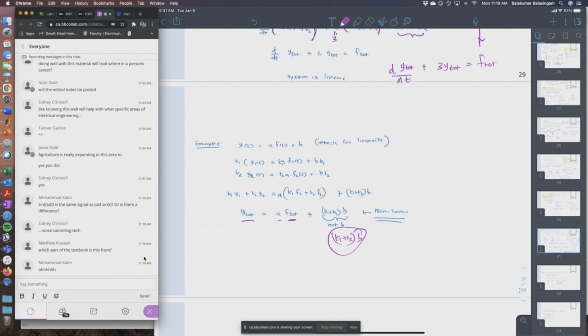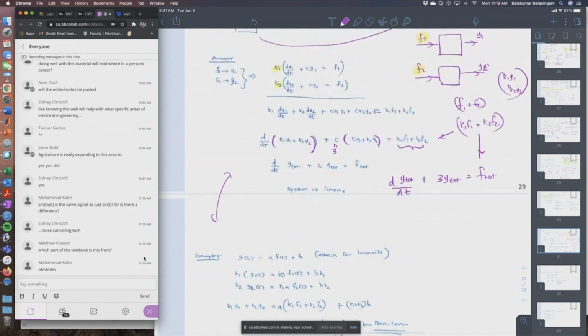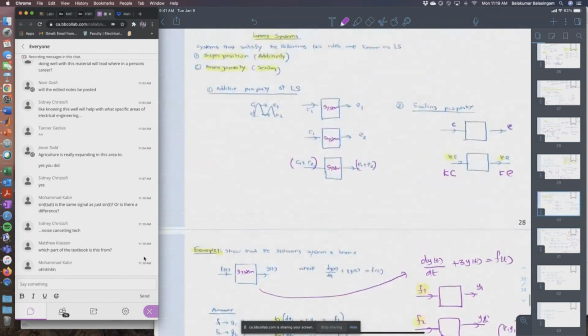You can compare these two examples to understand a linear system versus a nonlinear system, because by definition, a linear system should be such that if you give C1 and C2 as input and get E1 for C1 and E2 for C2, then for C1 plus C2, you should get E1 plus E2.